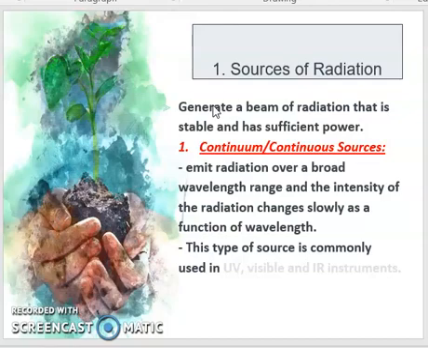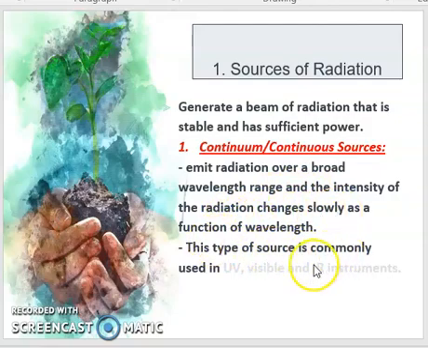Okay, so we have two types of radiation source. The first one is continuous source, and the second one is line source. Okay, a continuous source emits radiation over a broad wavelength range, and the intensity of the radiation changes slowly as a function of wavelength.